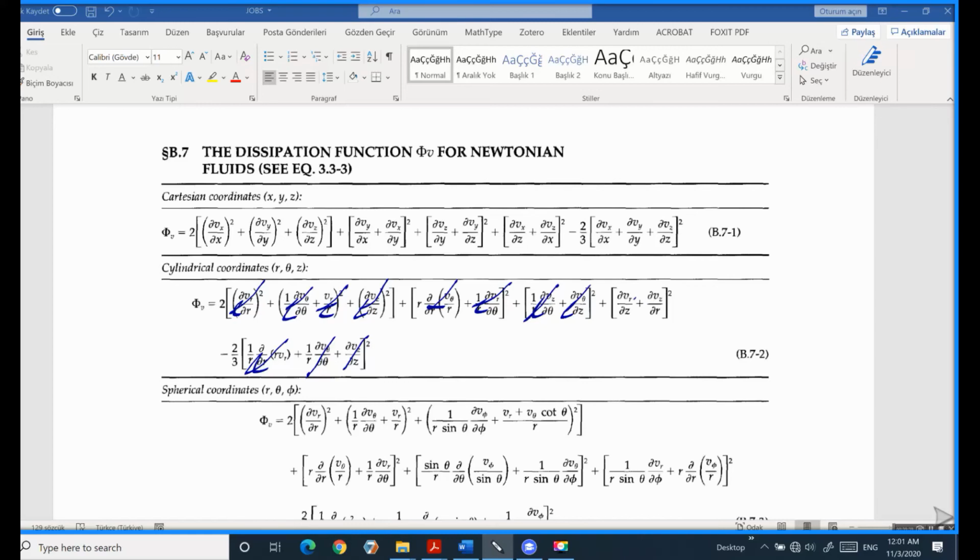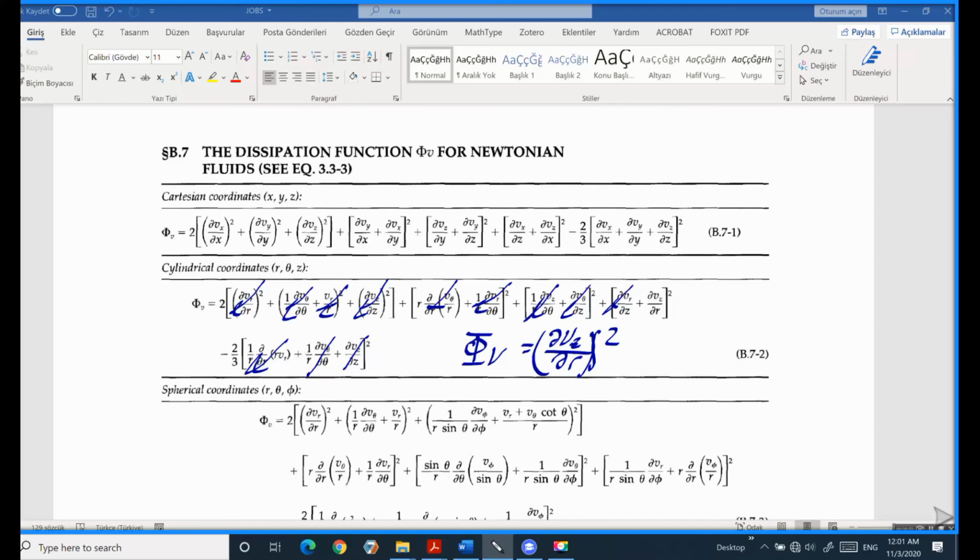With these zeros, we only get as a final result that the dissipation function is going to be equal to dVz over dr squared.